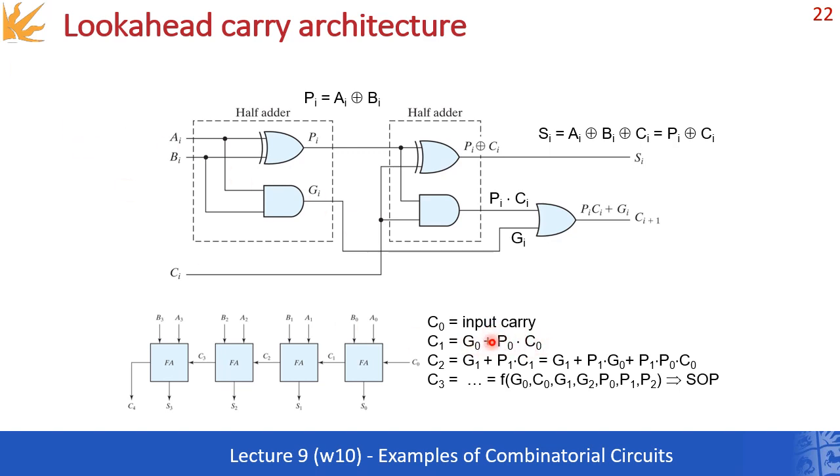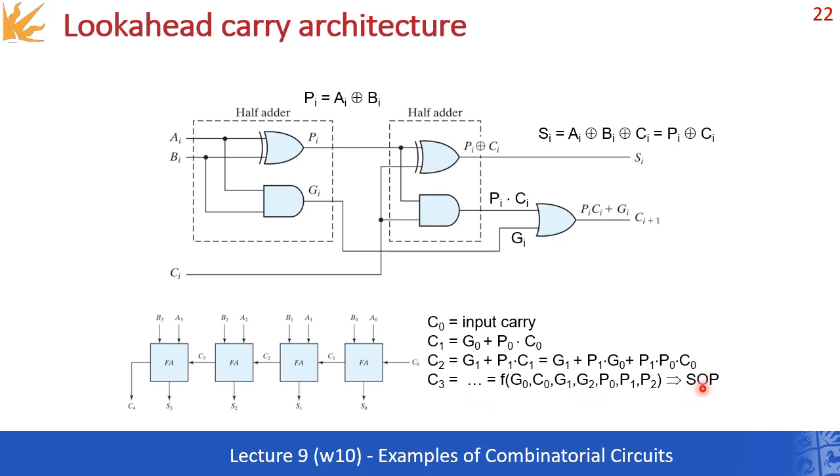In case this is not obvious to you, remember that G0 over here is a product of G0 and 1. Same as G1 over here is the product of G1 and 1. So all of the carries, by applying this architecture, are a sum of products. This means that all the carries can actually be calculated by looking ahead.